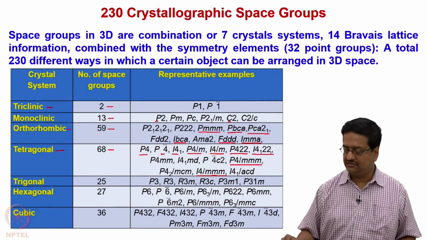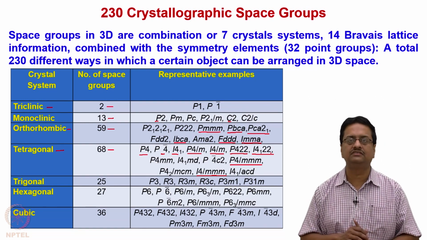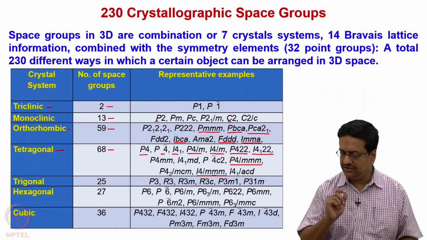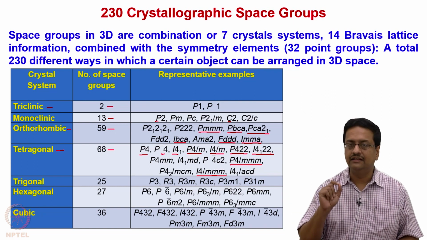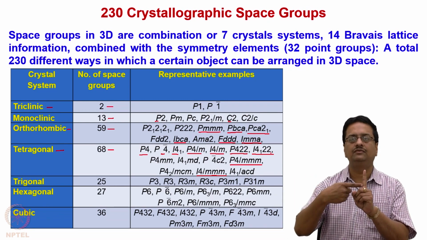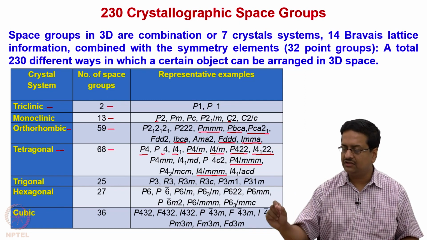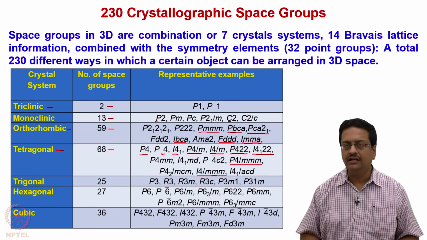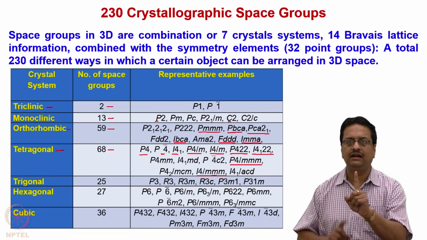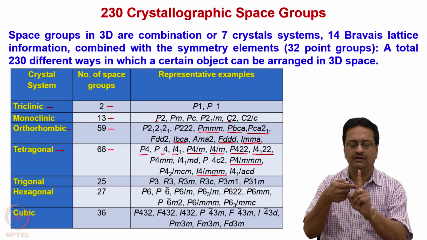I4122, it means there are other symmetry elements other than just the 4 which is parallel to Z. So in case of P4222, you have a 4-fold parallel to Z, a 2-fold parallel to X, and another 2-fold parallel to Y. Similarly, when we talk about I4121, it means I have a body centered lattice, the 41 is parallel to Z, and I have a 2-fold here and a 2-fold in the Y axis.